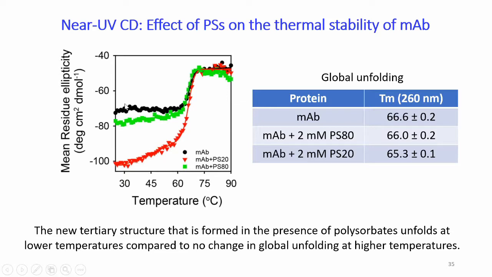As you can see, the new structure that is formed because of the addition of PS20 is unfolding at lower temperatures, with no change in the global unfolding at the midpoint of this melting curve. So that means the new structure, or part of the mAb, is less stable and is unfolding at lower temperatures compared to the unfolding of the complete antibody.